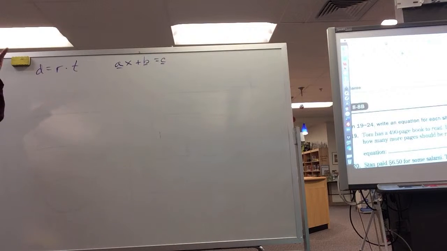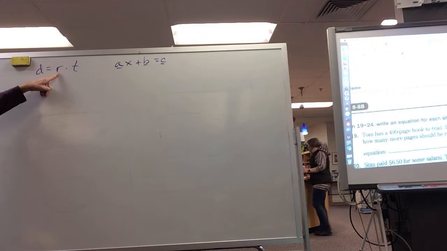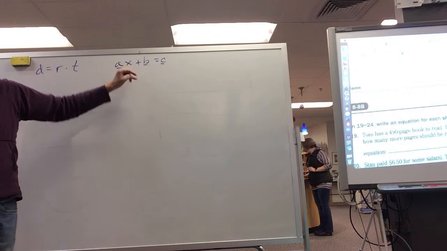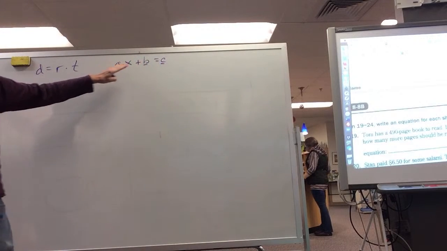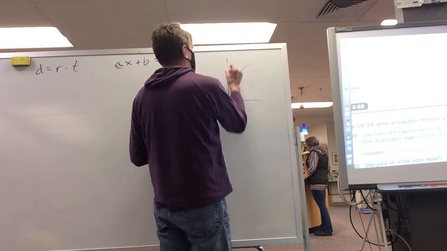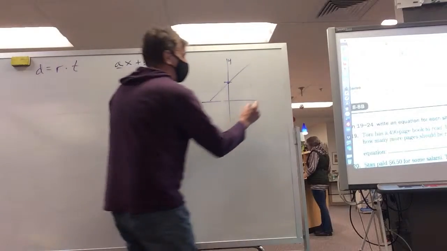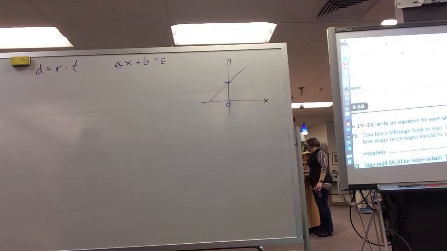It's gonna be like miles per hour, pages per week, weeks per page, whatever. So when we look at our units, both of them are gonna get used here. And that's gonna be this part of the equation. So this is the ending amount. And the B, remember when I showed you graphs? And we talked about this point here on the y-axis. I said that was when x is equal to 0, so we interpret that as the beginning amount.